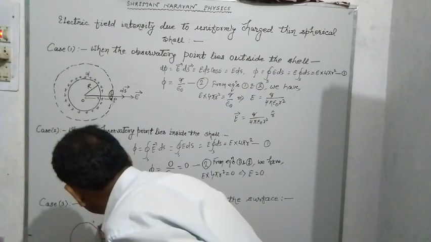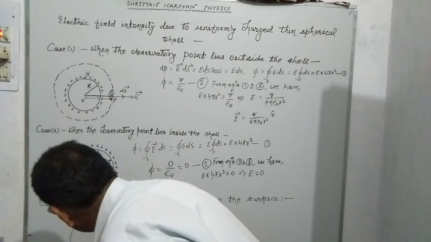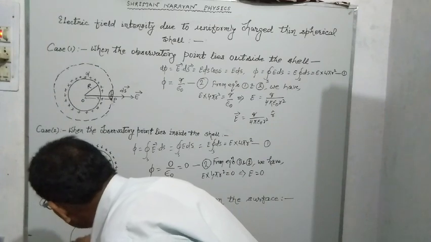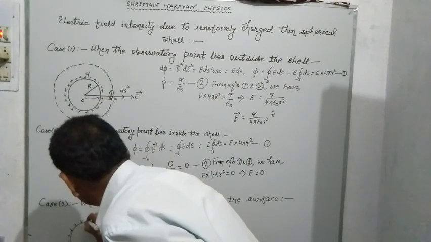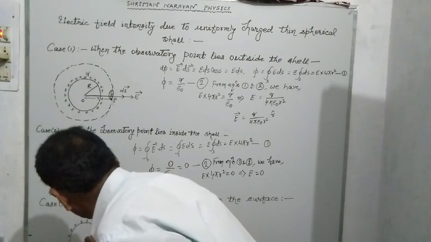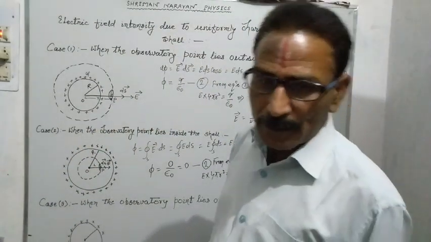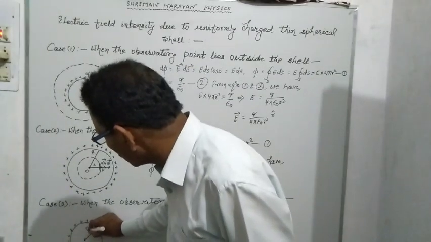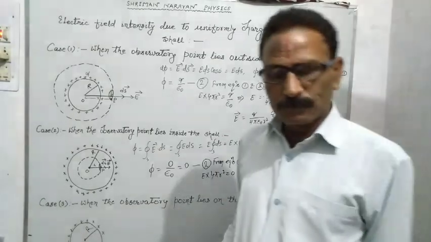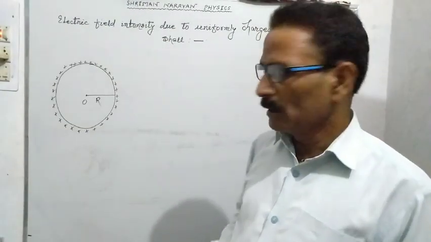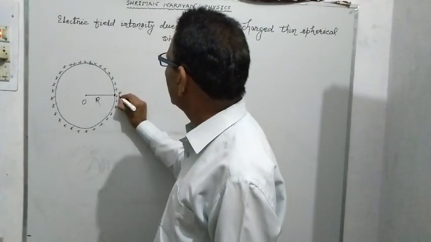The charge is Q, the center is O, and the radius is capital R. In this case, you can see the observatory point is lying on the surface.